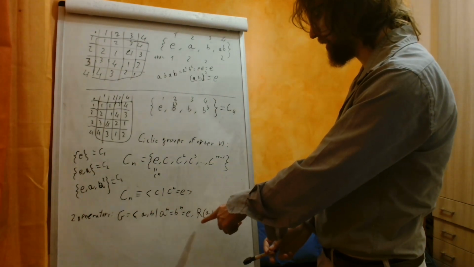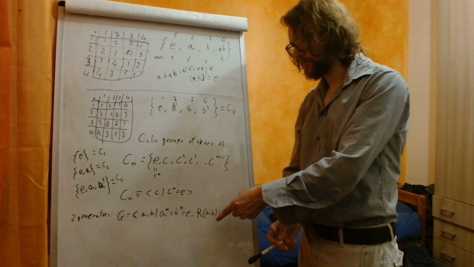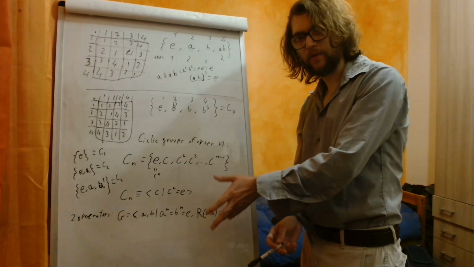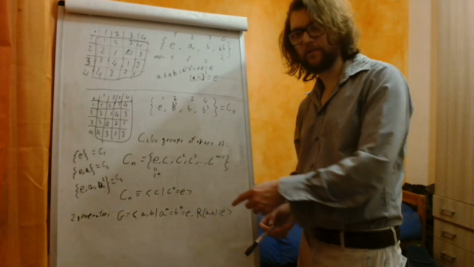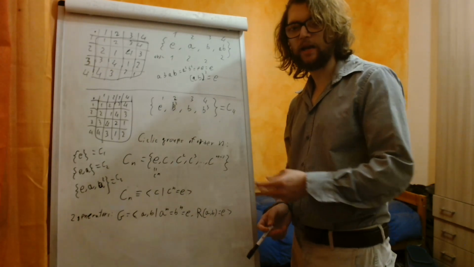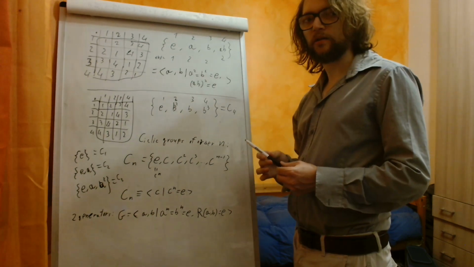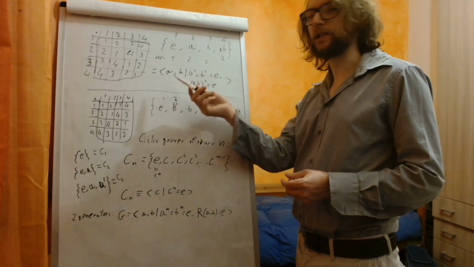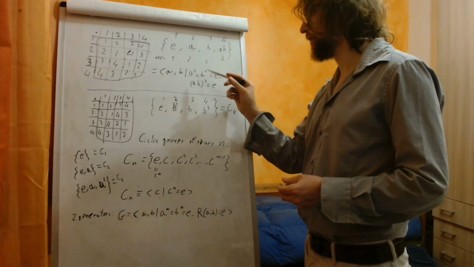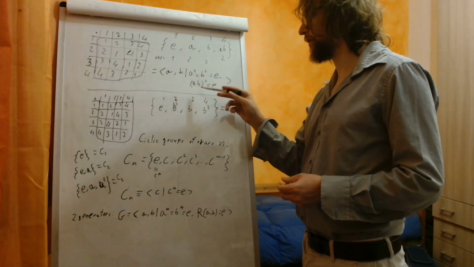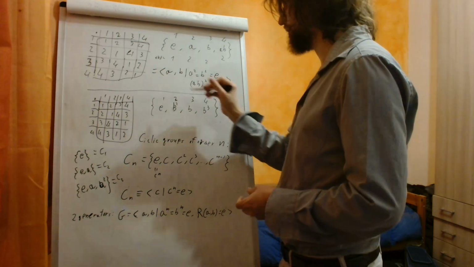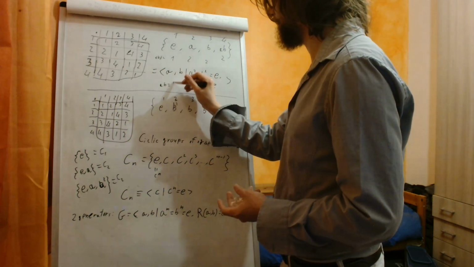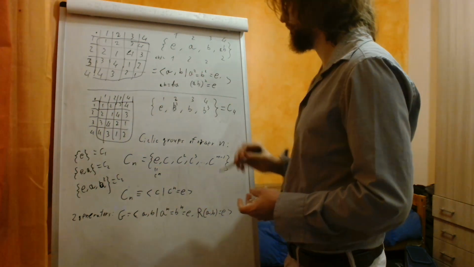And we have a relation between A and B, which we can always write as some combination of A and B equals the identity. And this relation states how the two elements are interconnected. This is, for example, generated by two elements A and B of order 2, and this is the relation between A and B, which is equivalent to saying that AB equals BA, so that the group is abelian.